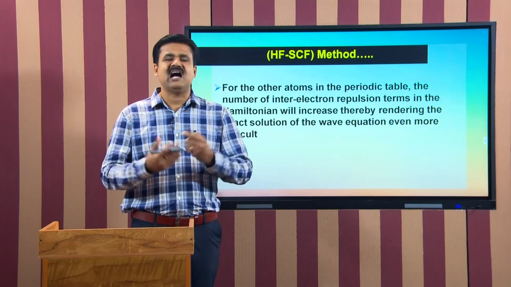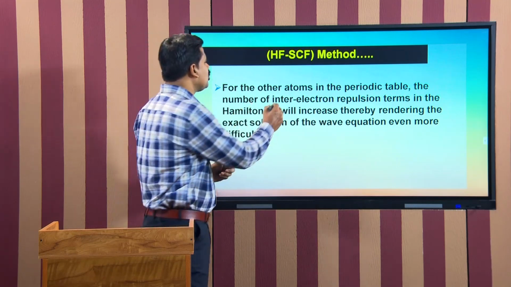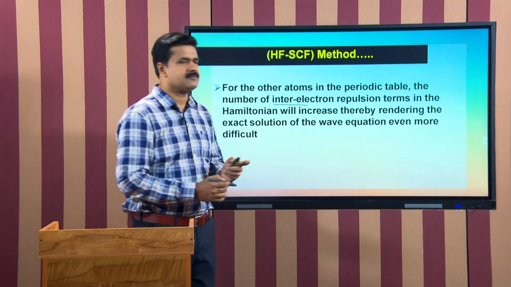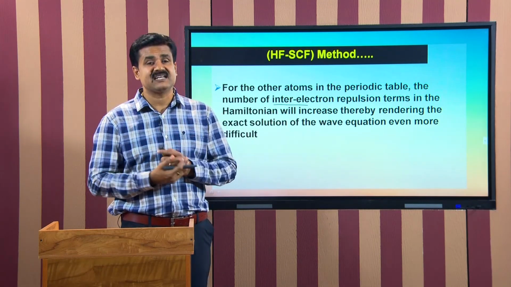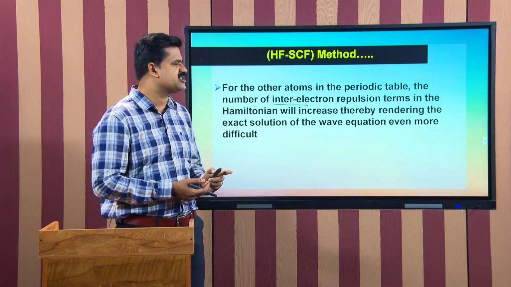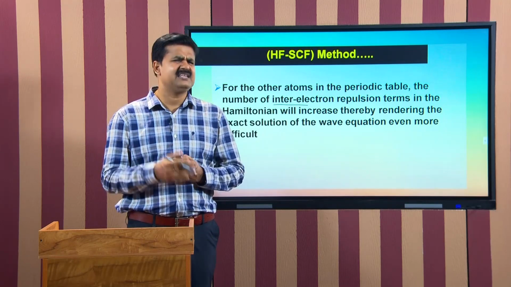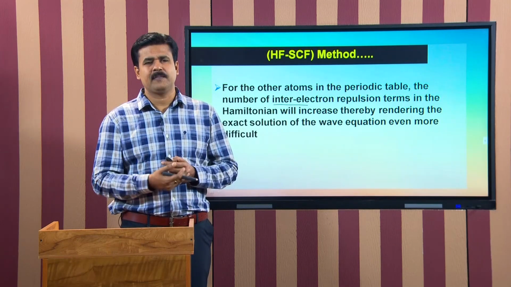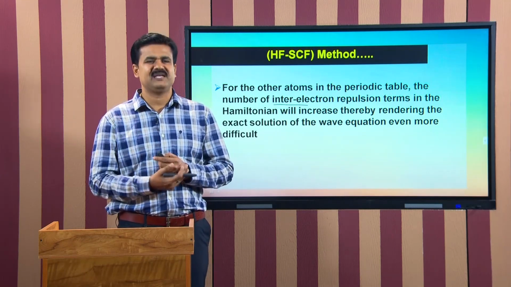For other atoms in the periodic table, the number of interelectronic repulsion terms in the Hamiltonian will increase, thereby rendering the exact solution of the wave equation even more difficult. This implies that it is too tough to solve the Schrödinger wave equation for many electron atoms from the periodic table.